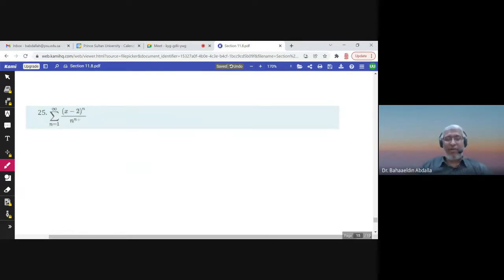Well, I have n to the power n. Okay, so I can use the root test here. And when I take the nth root of this, let me write it. Absolute value of x minus 2 over n all to the power n. So n goes with n, and I'll have absolute value of x minus 2 over absolute value of n, which is n because n is positive. And when n is infinity, anything over infinity would be 0.